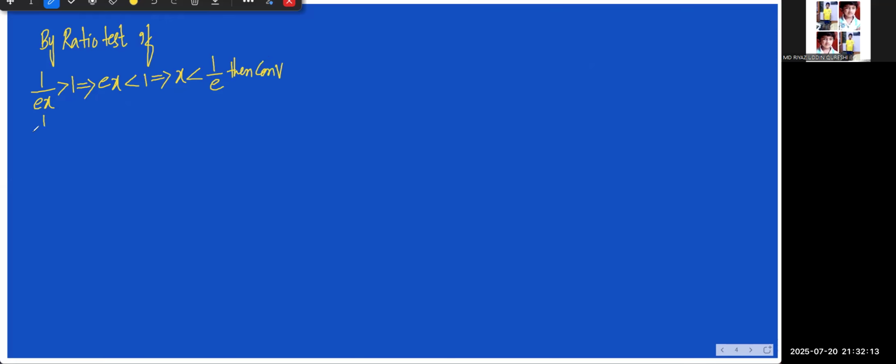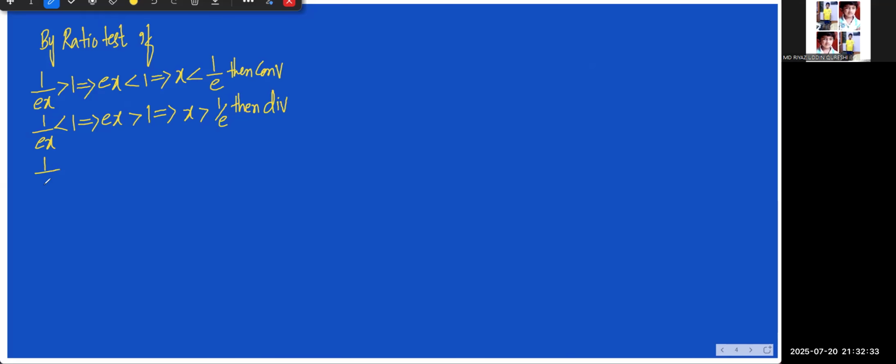The second similar statement, just the inequality will change. ex is greater than 1. That implies that x is greater than 1 by e. Then please in exam don't write short form, use the full form.